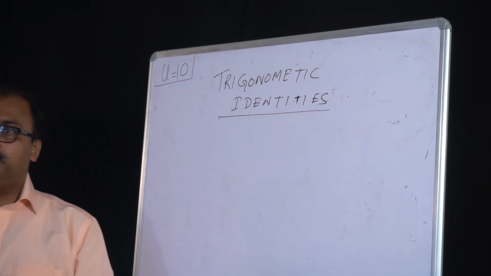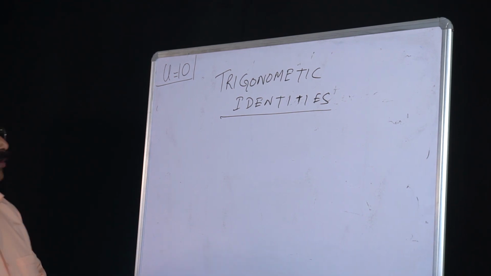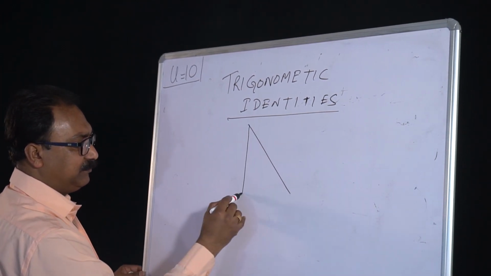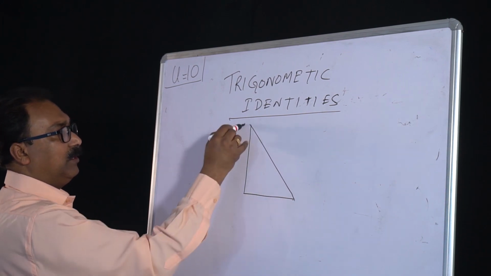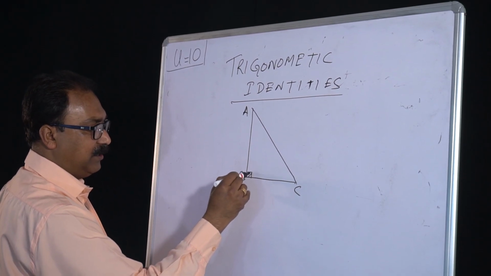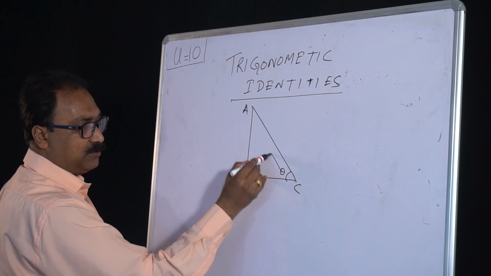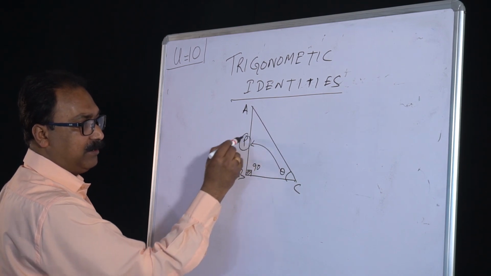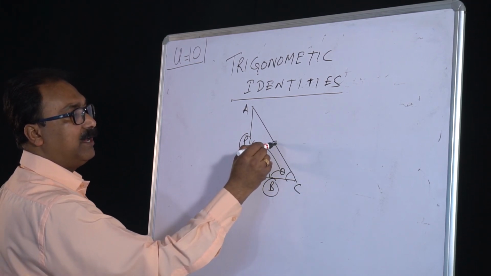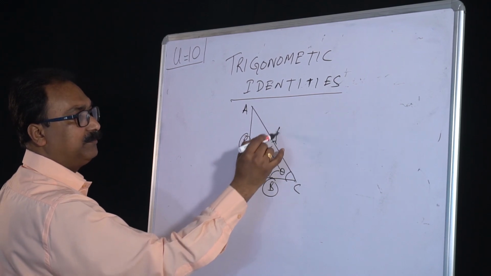We can say they are formulas. With the help of a right triangle, look at this. We consider right triangle ABC. This is 90 degrees, and this angle we consider theta. The side opposite this angle is the perpendicular, this one is the base, and the side opposite 90 degrees we call the hypotenuse.